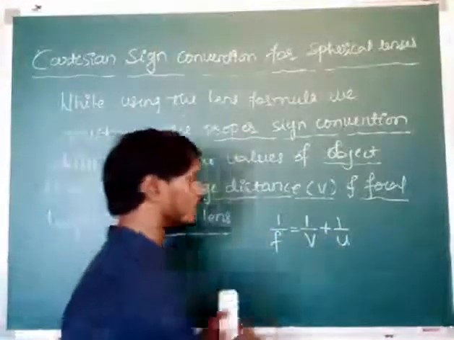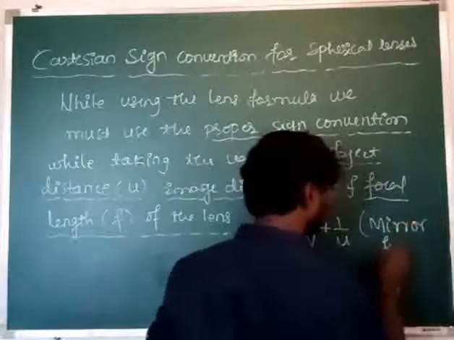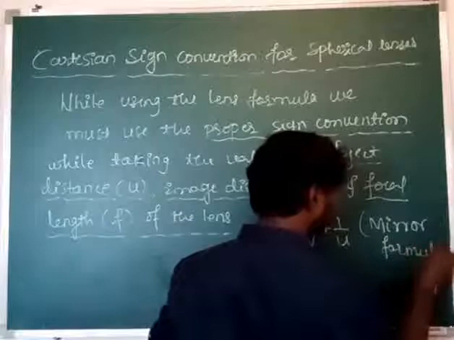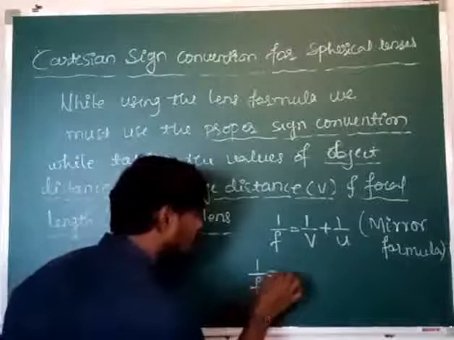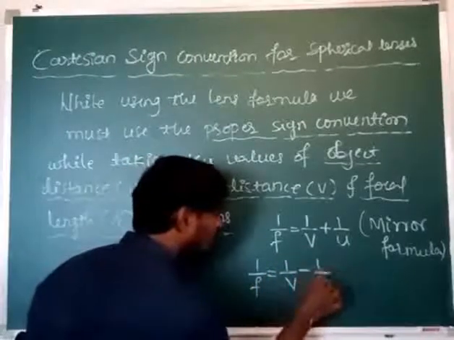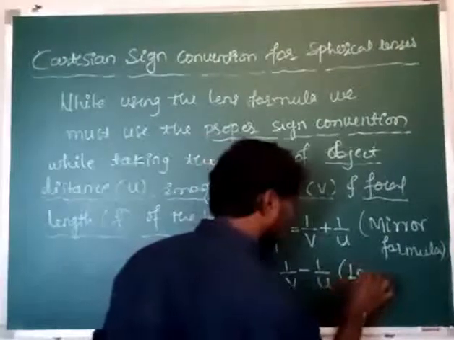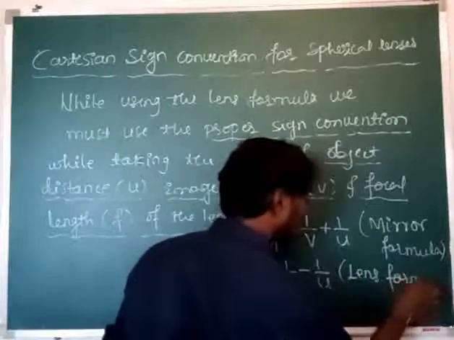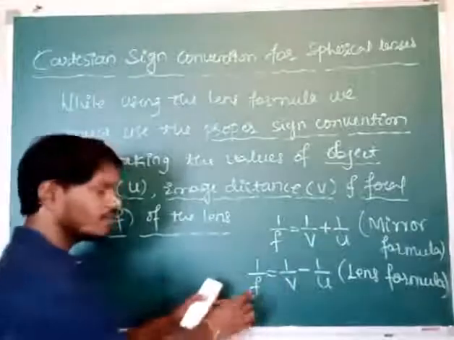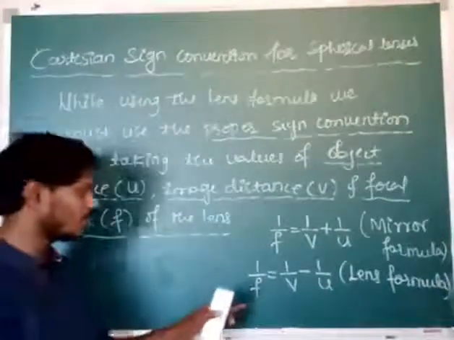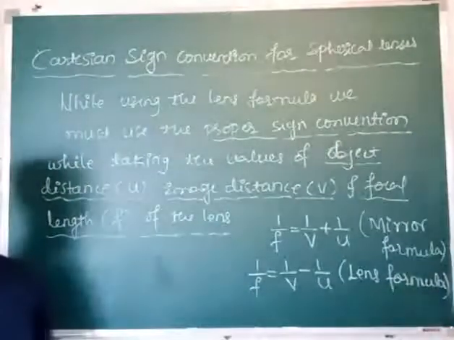Then the lens formula is 1 by f is equal to 1 by v minus 1 by u. Here f is the focal length of the lens, whether it is a convex lens or a concave lens.